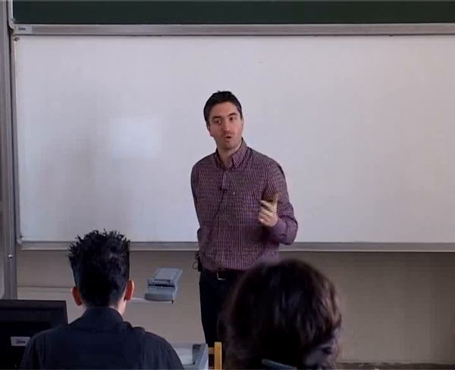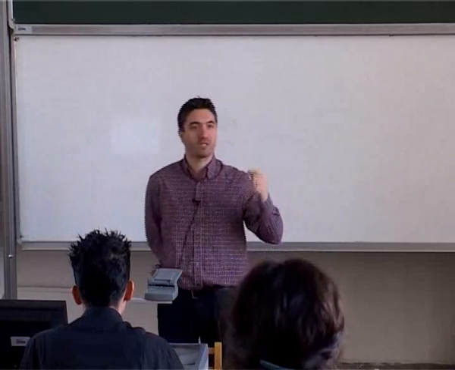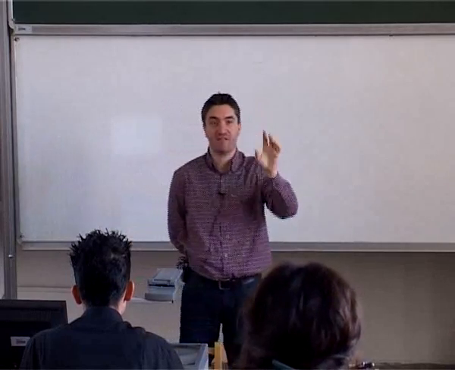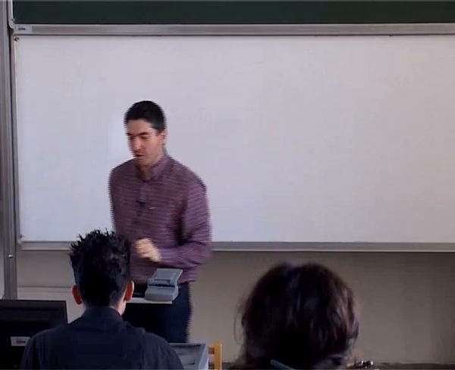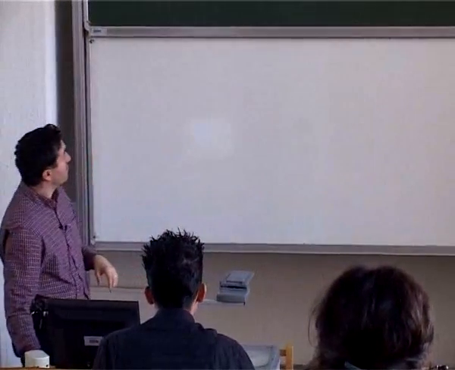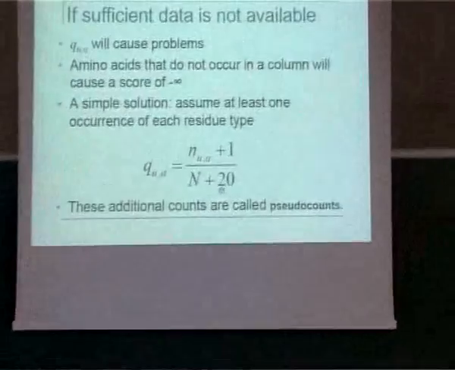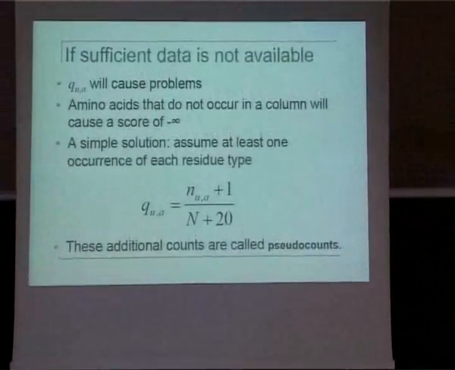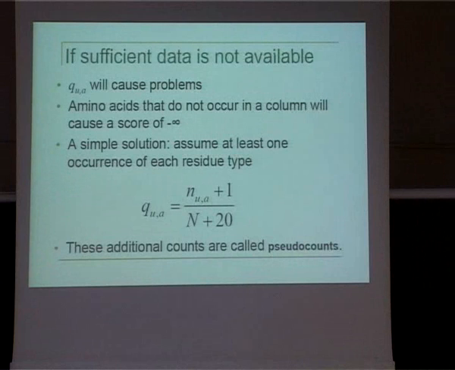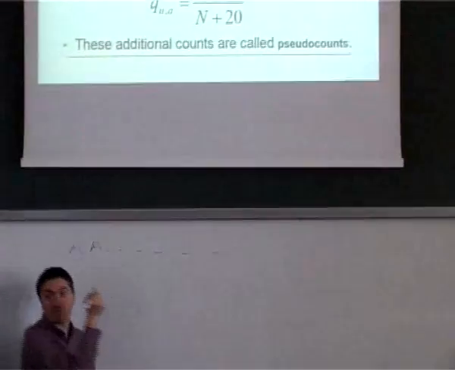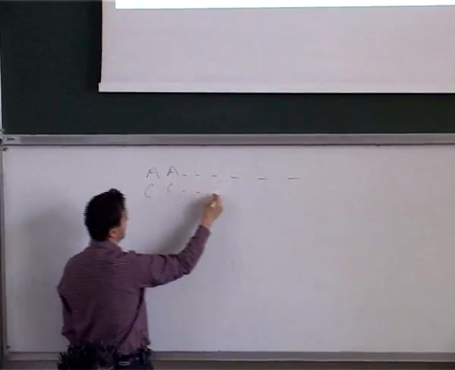For each amino acid equally, you introduce all these possible amino acids, A, C, D, E, F, G, at each column. So it's like we have 20 new sequences. The first sequence is A, A, A, however many positions you have. The second sequence is C, C, C, C.